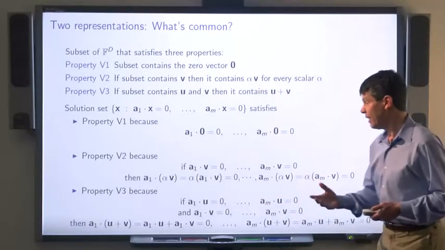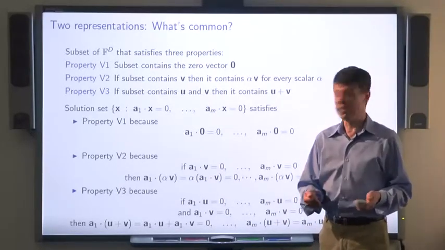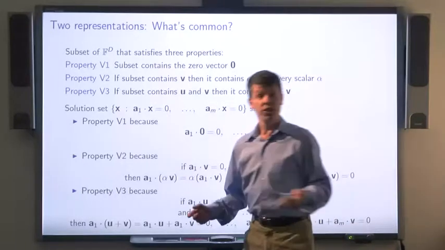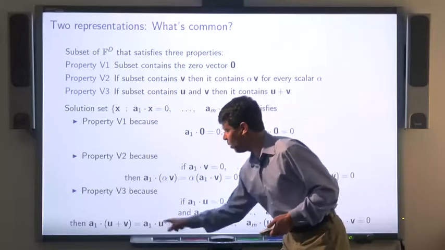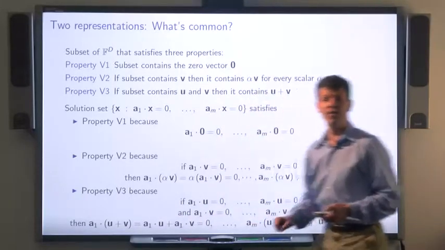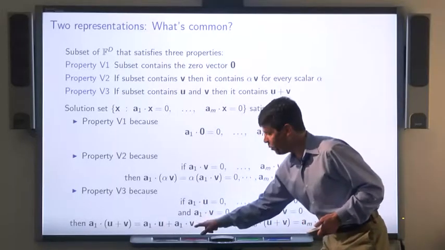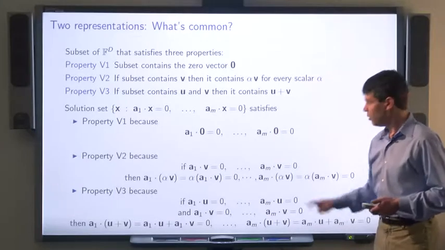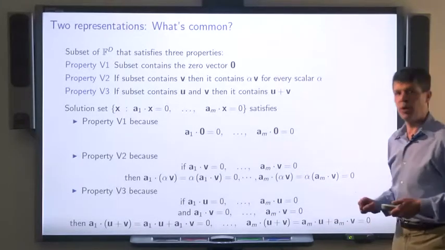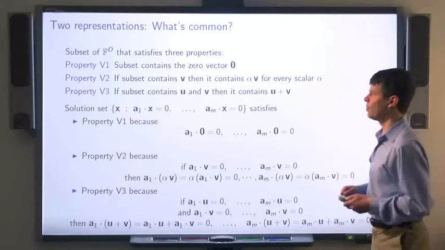Well, then it's easy to see that the sum of u and v also lies in the solution set. Why is that? Let's look at the dot product. a1 dot u plus v is the same as a1 dot u plus a1 dot v by the distributive law. a1 dot u is 0, a1 dot v is 0, therefore their sum is also equal to 0. So this shows that all those equations also hold of the sum u plus v.